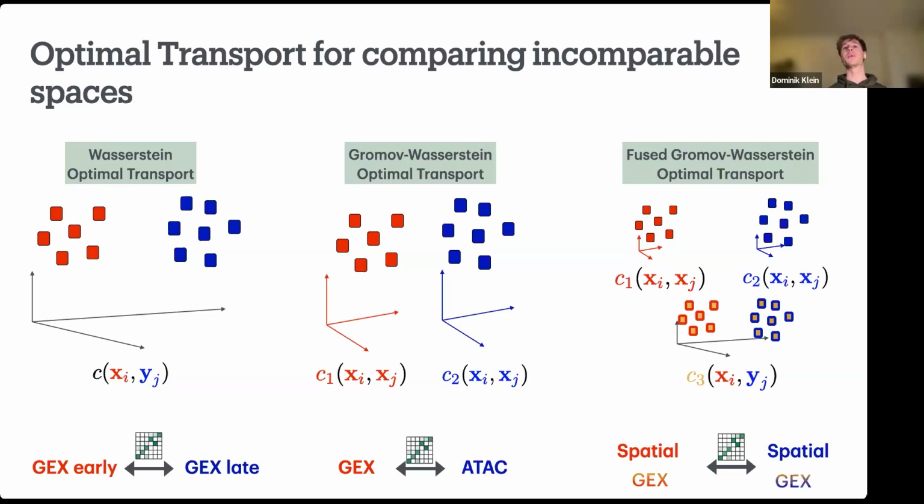Now we look at the middle column, the Gromov-Wasserstein optimal transport formulation. This is concerned with comparing probability distributions which don't live in the same space. So let's say in Euclidean geometry you have R^p and R^q, R2 and R3, for example. Even in R2 and R3 you could say there's some way to define distances, but for the moment we just assume we don't, because we could also have completely incomparable spaces like gene expression and ATAC spaces.